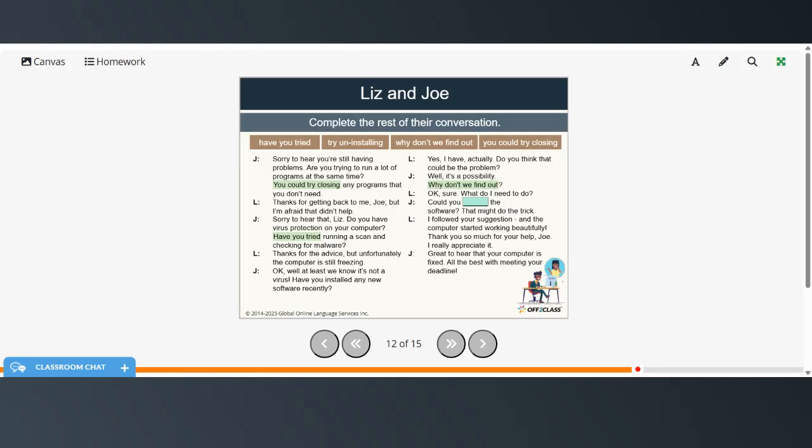Could you try uninstalling the software? That might do the trick. I followed your suggestion and the computer started working beautifully. Thank you so much for your help, Joe. I really appreciate it. Glad to hear that your computer is fixed. All the best with meeting your deadline.